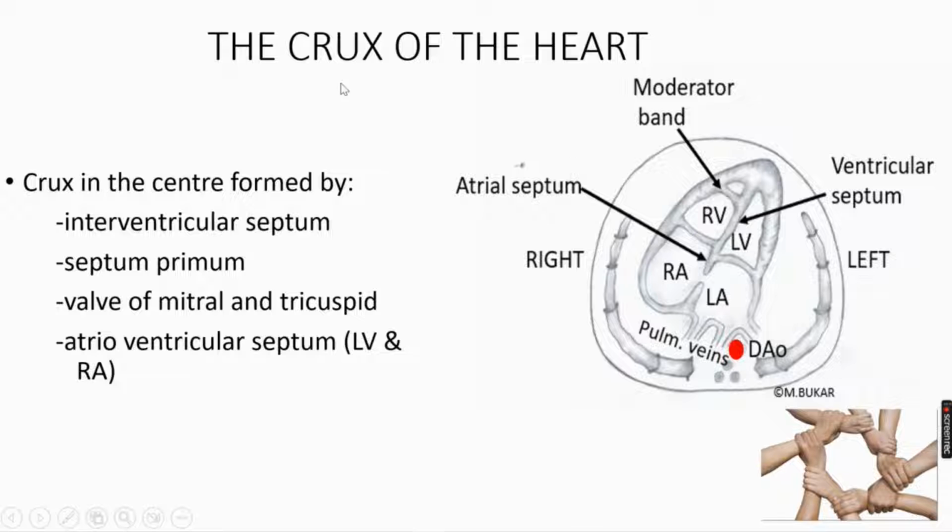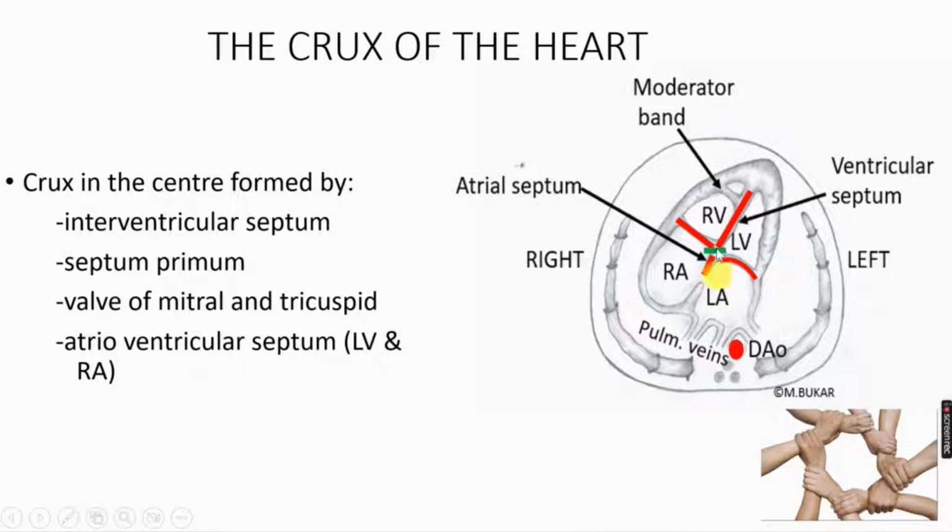So, what is the crux of the heart? The crux in the center is formed by, 1, the interventricular septum. 2, the septum primum. 3, the valve of mitral. 4, the valve of tricuspid. 5, the atrioventricular septum between the left ventricle and the right atrium.